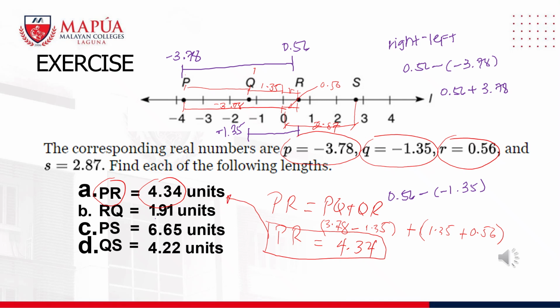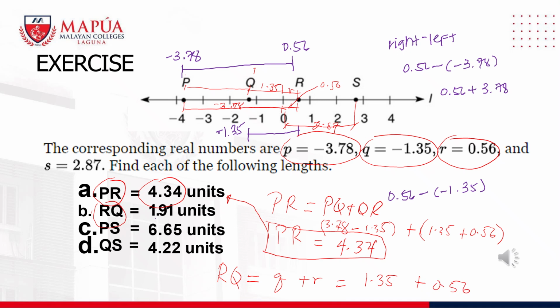So RQ, class, when you calculate RQ, from 0 that is Q, then from 0 to R. RQ means small q plus R. Q is 1.35, take the absolute value of that, plus R, which is 0.56.